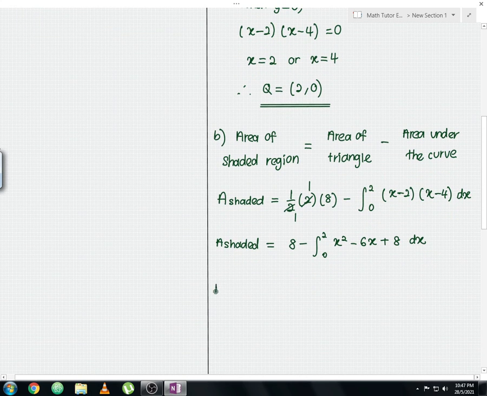Okay, so from here now we can perform our integration. Area of shaded is actually equals to 8, you minus with x cubed over 3, and then you minus with 6x square over 2. You can write this, or you can straight away write 3x square also can, and then you plus with 8x, with respect to the limit of 2, 0.